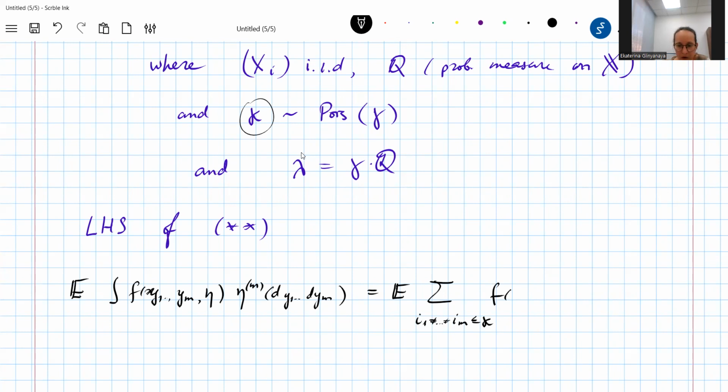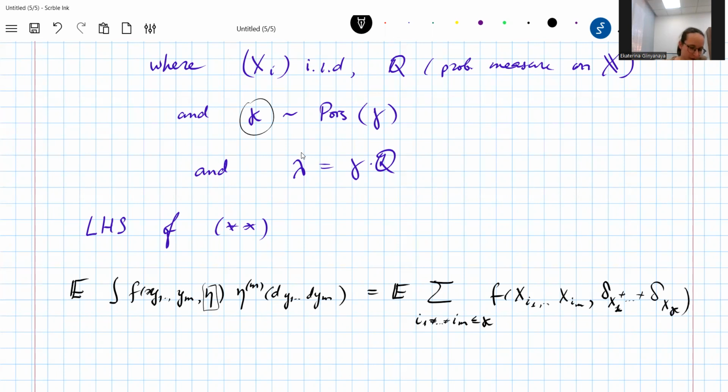And here I write these random points xi_1 and so on up to xi_m, and instead of the measure eta here, I write the sum of delta measures, delta x_1 plus and so on plus delta x_kappa.